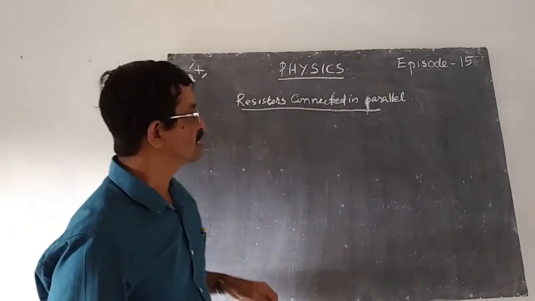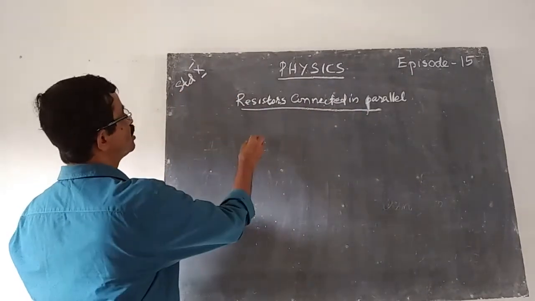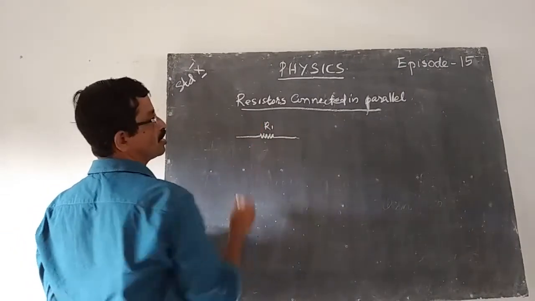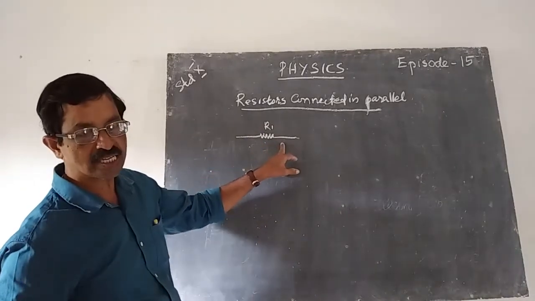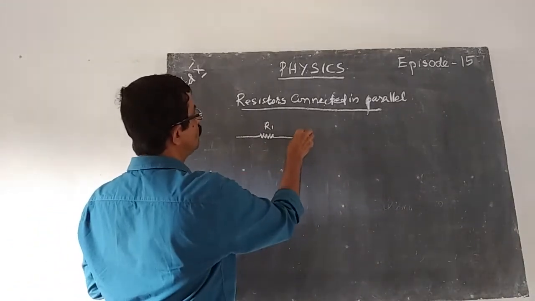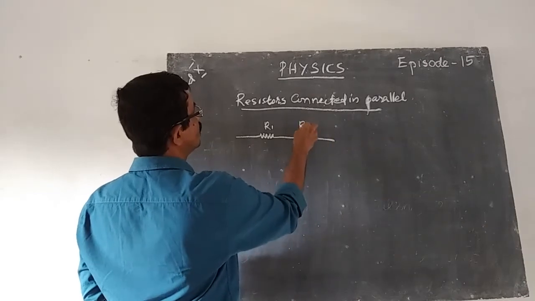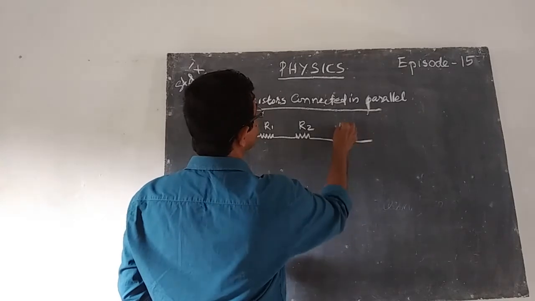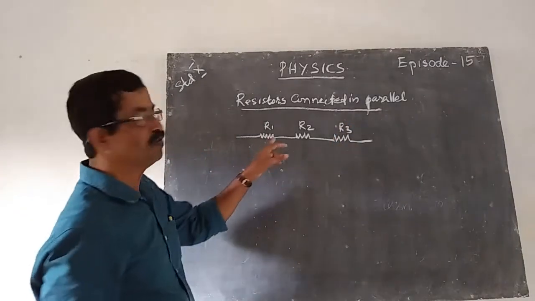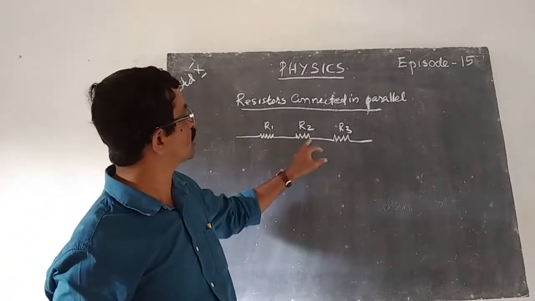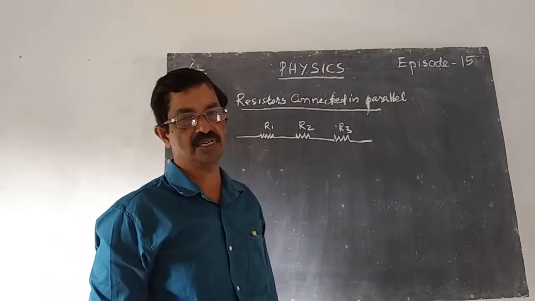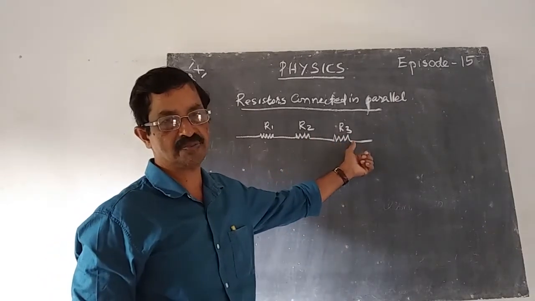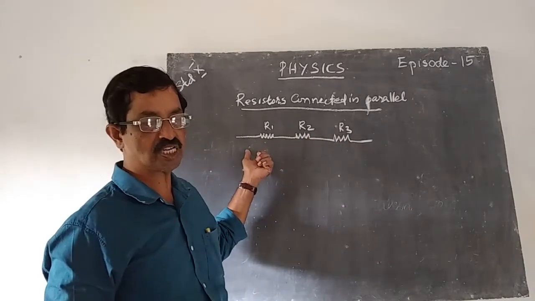The end of resistor R1 is connected to another resistor R2, and that one is connected to a third resistor R3. When we connect resistors in this manner, we say that is a series connection.